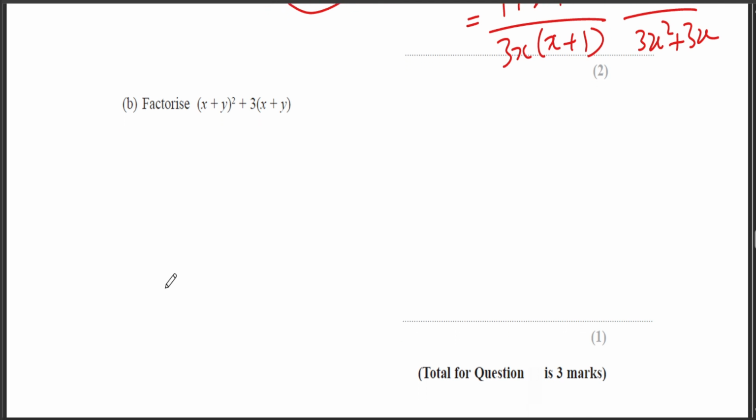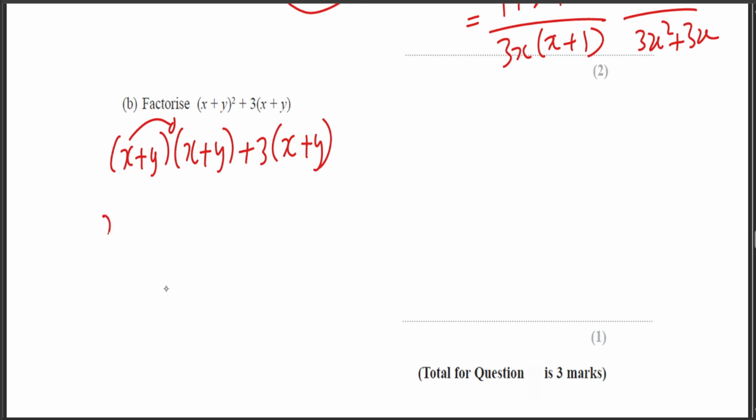Now x plus y squared just means x plus y times x plus y, plus 3 times x plus y. So x times x is x squared, x times y is xy, y times x is xy as well, and y times y gives you y squared.